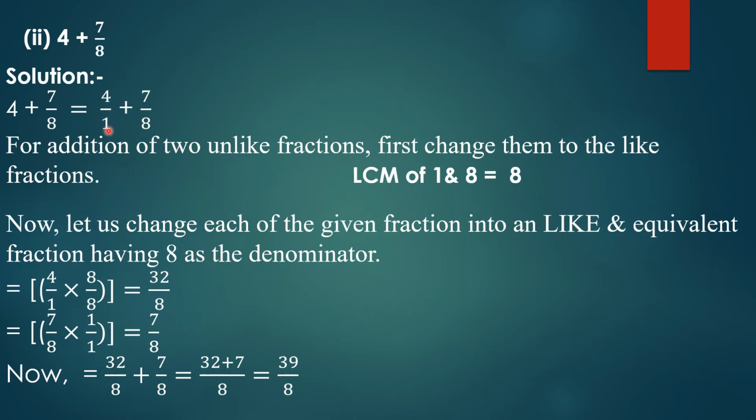And what is 7 by 8? It is 7 by 8 itself. Therefore 4 by 1 plus 7 by 8 will become 32 divided by 8 plus 7 by 8, which is equal to, now since the denominators are the same we can add the fractions. Therefore add the numerators 32 plus 7 divided by 8, which is equal to 39 divided by 8.